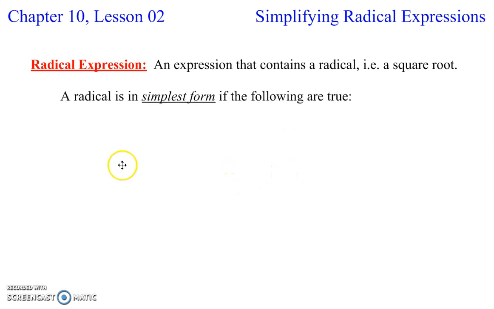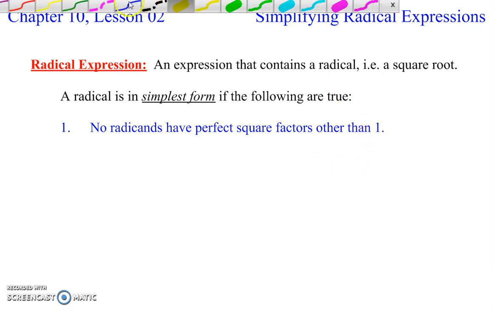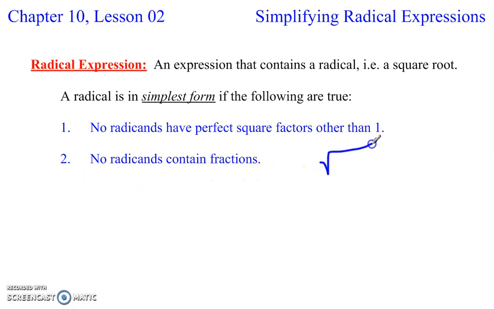All right, a radical is in simplest form if the following are true. 1. No radicands have perfect square factors other than 1. Next, no radicands contain fractions, so you can't have something like this. That's not in simplest form. No fraction underneath the square root.